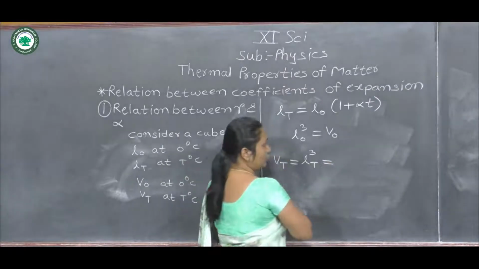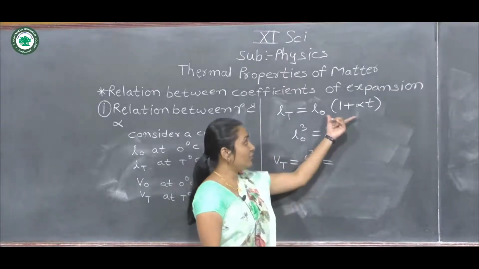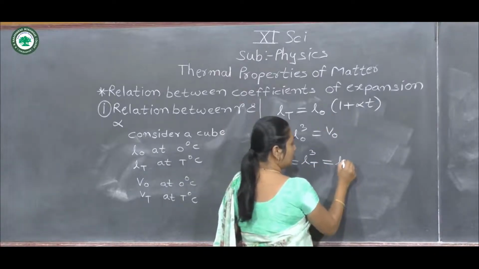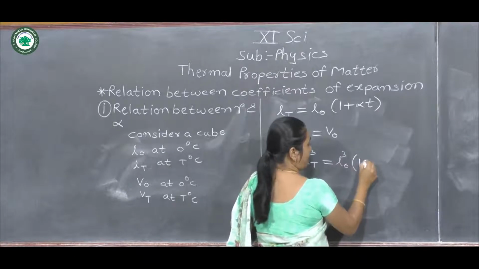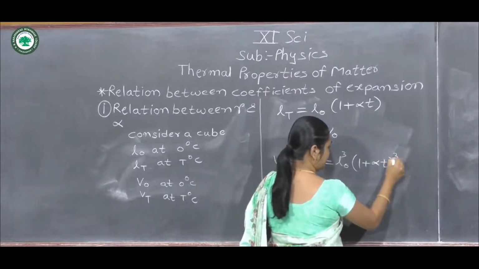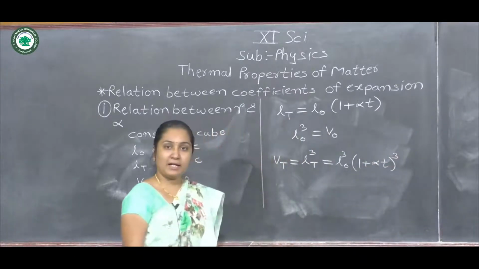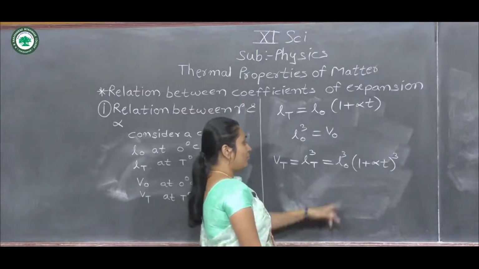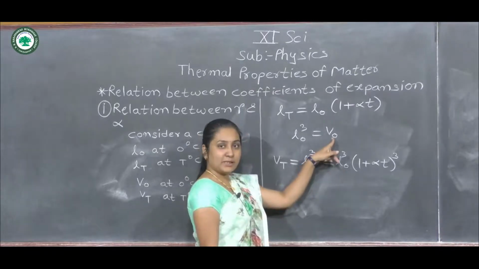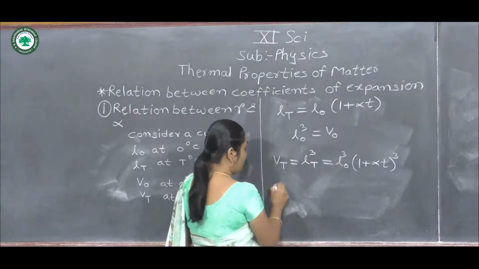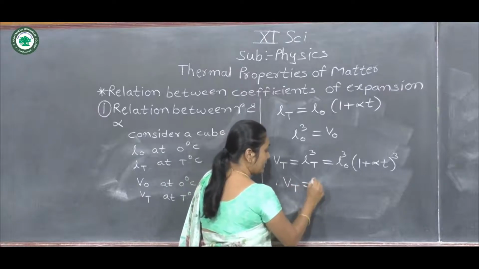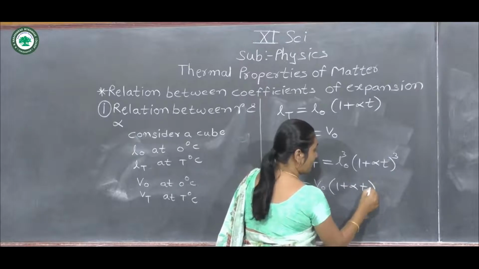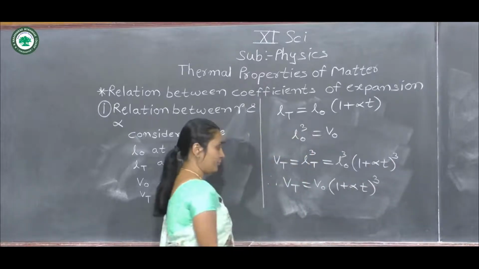So it is equal to L0 cube in bracket 1 plus alpha T bracket cube. Since L0 cube is nothing but V0, Vt is equal to V0 in bracket 1 plus alpha T bracket cube.